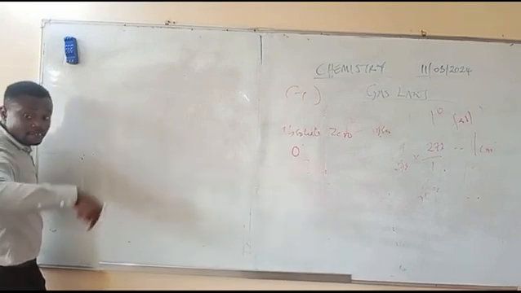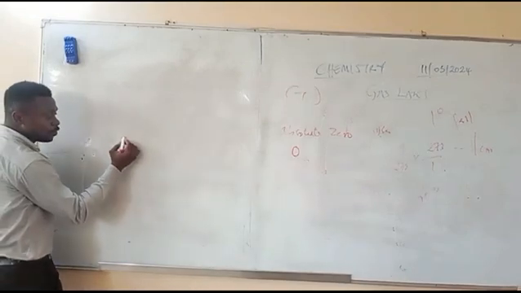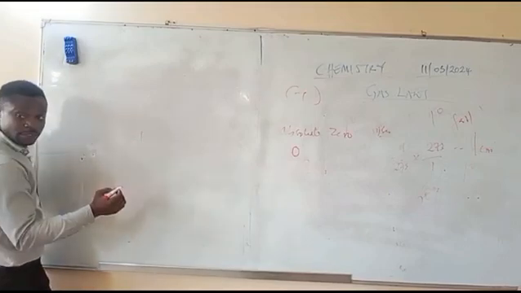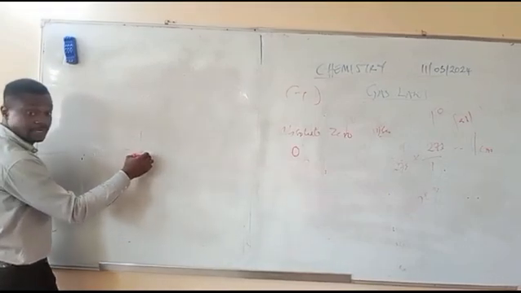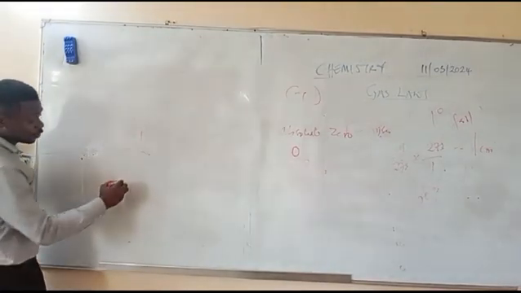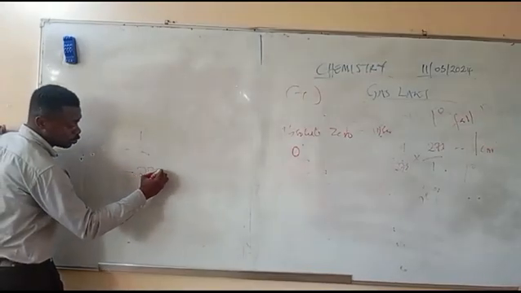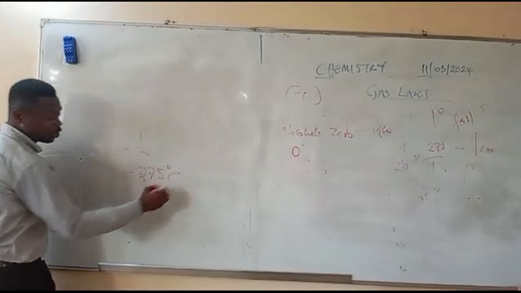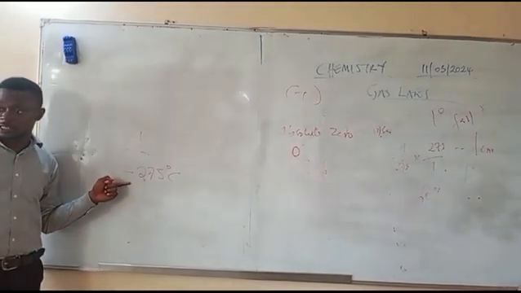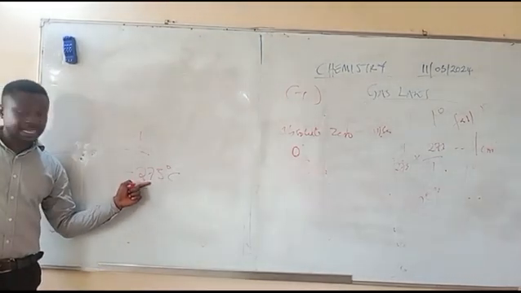If it's 4, it will have -1 degree. 4 by 2, we have -2. So if it's 4 to 273, we have minus 273 degrees Celsius.